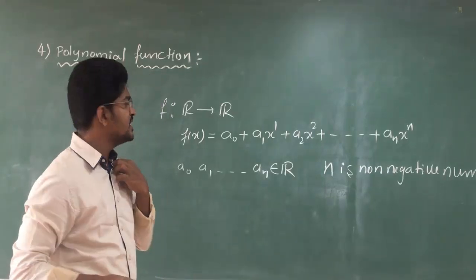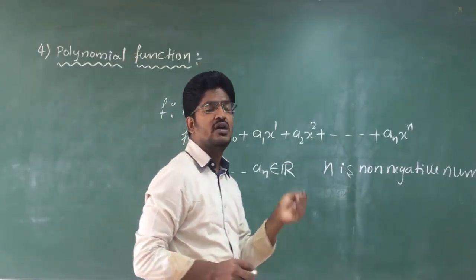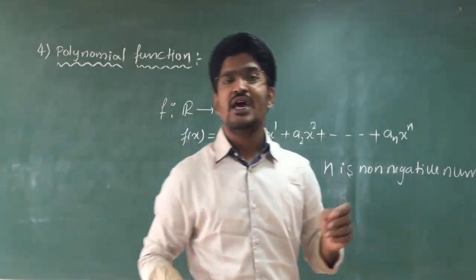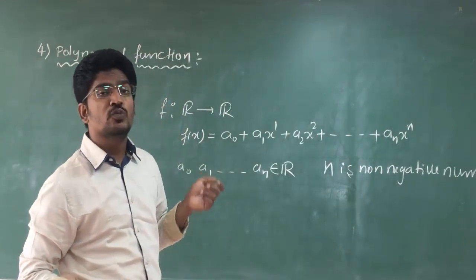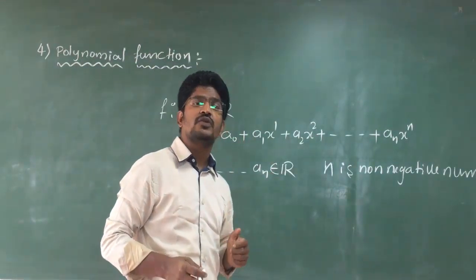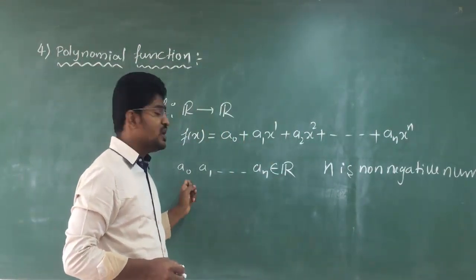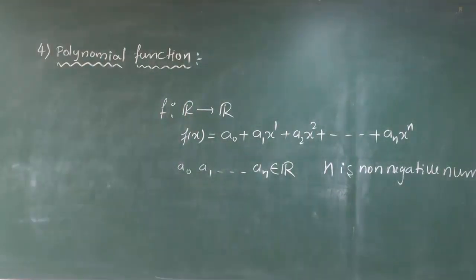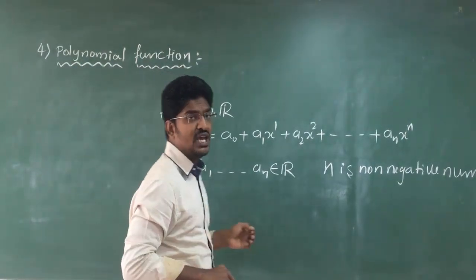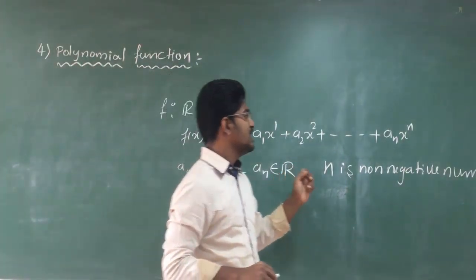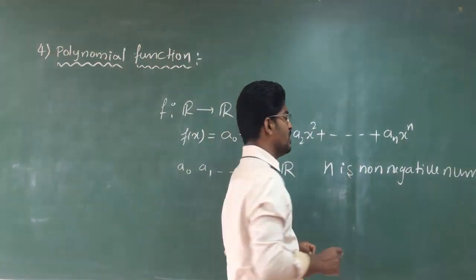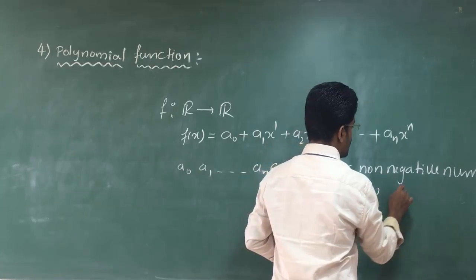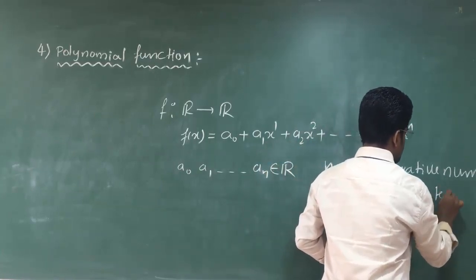So you can say that let f be a function from R to R defined by f of x equal to a0 plus a1 x to the power of 1 plus a2 x square plus a3 x cube plus so on to an x to the power of n, where a0, a1, a2, a3 so on to an are real numbers, and n is a non-negative number, that is a non-negative integer.